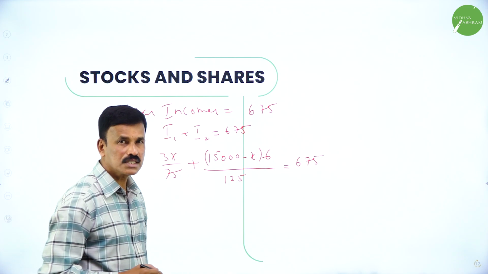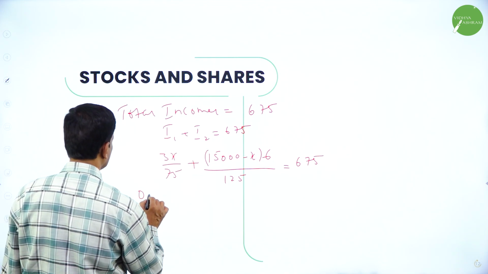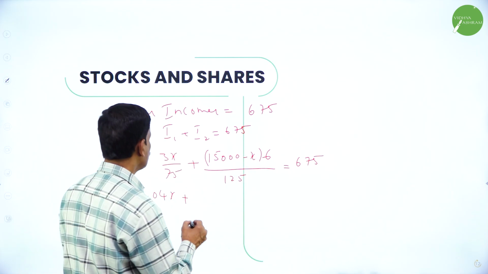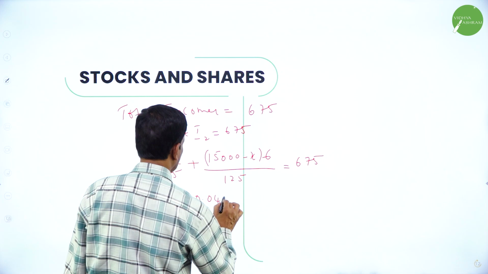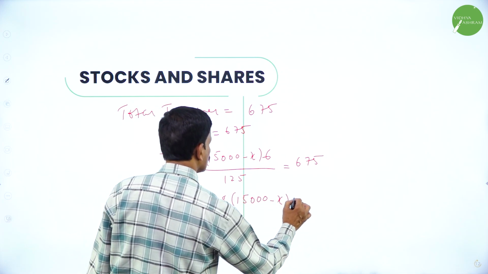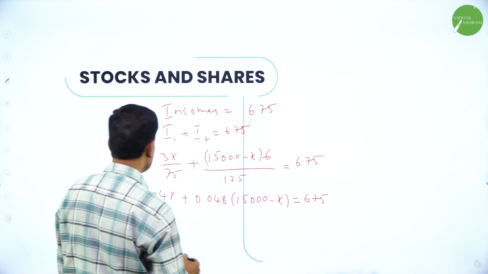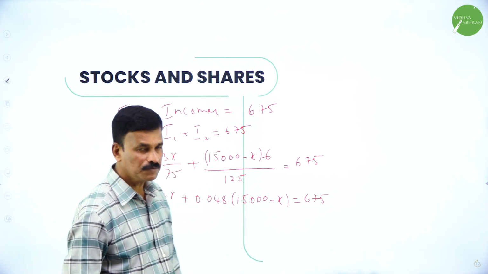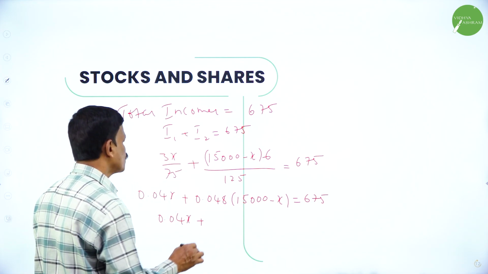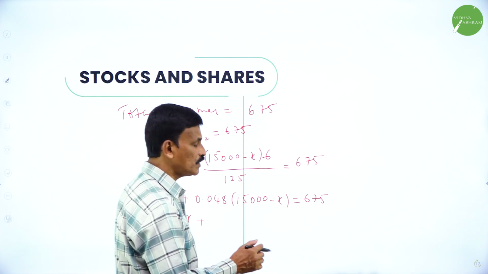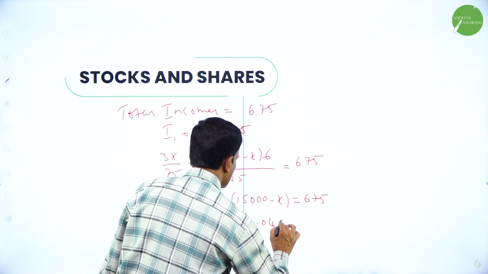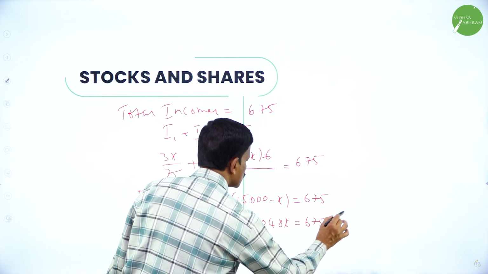Divide this. What is this equal to? So we will get 0.04x plus 6 divided by 125, 0.048, into 15,000 minus x is equal to 675. Simplify this. That's it. If you simplify, multiply this: 0.04x plus 0.048 into 15,000 is equal to 720 minus 0.048x is equal to 675.